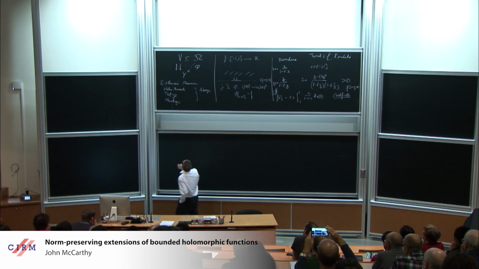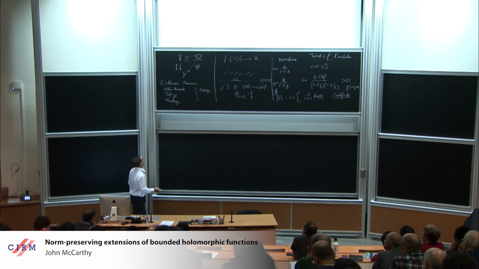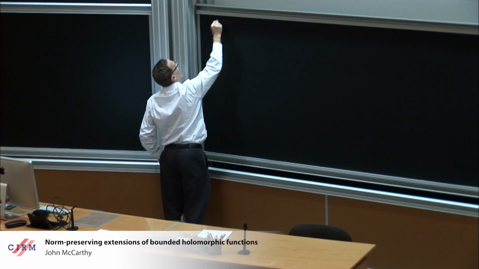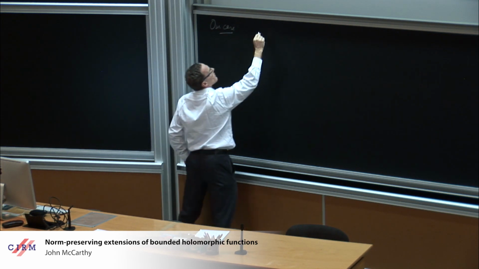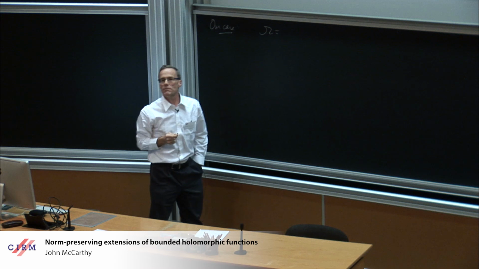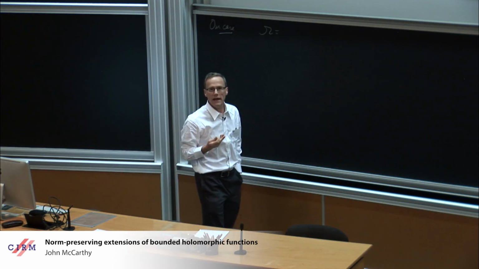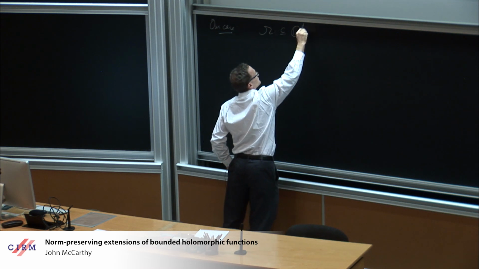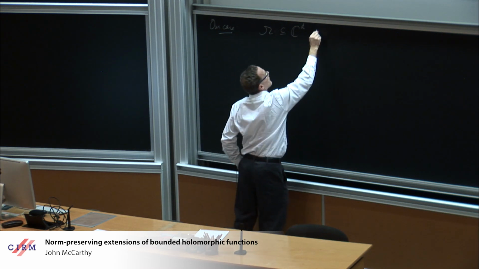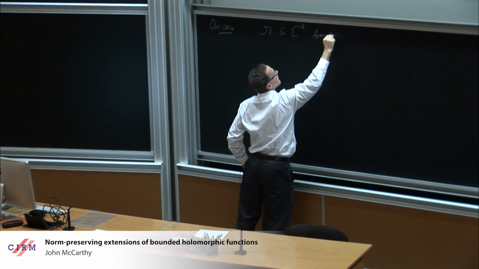So, what's the situation Łukasz and I have been looking at? Our case: Omega is going to be some domain in several variables. So let's assume it's bounded, connected, open.